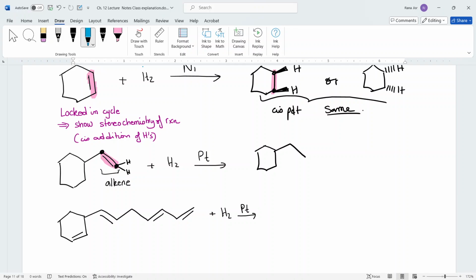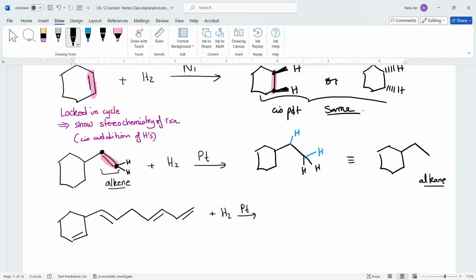So I'm adding a hydrogen here and a hydrogen there, and then you have your 2 hydrogens. This is exactly the same as if I show it as a regular skeletal structure. You don't have to show the hydrogens. So you go from an alkene to an alkane every single time.